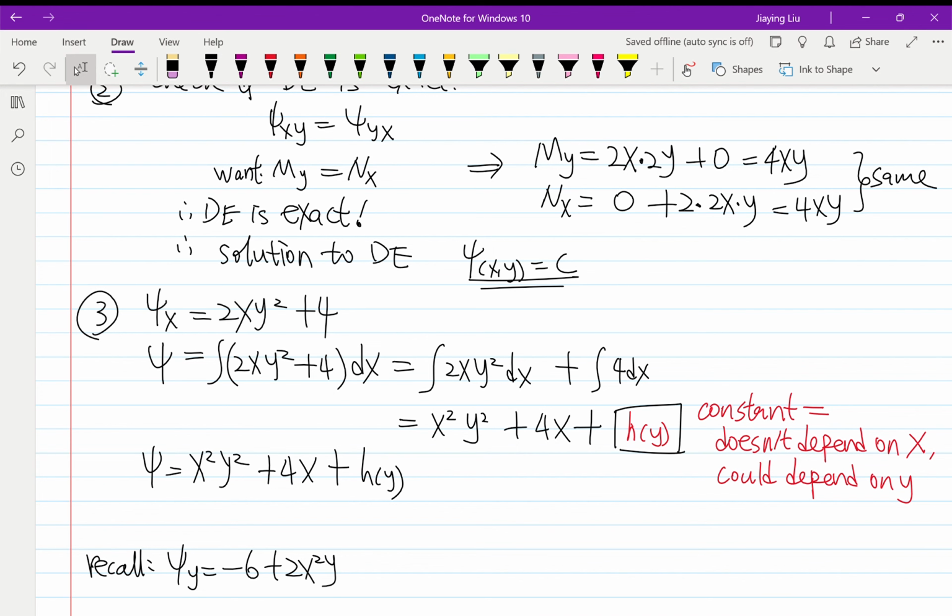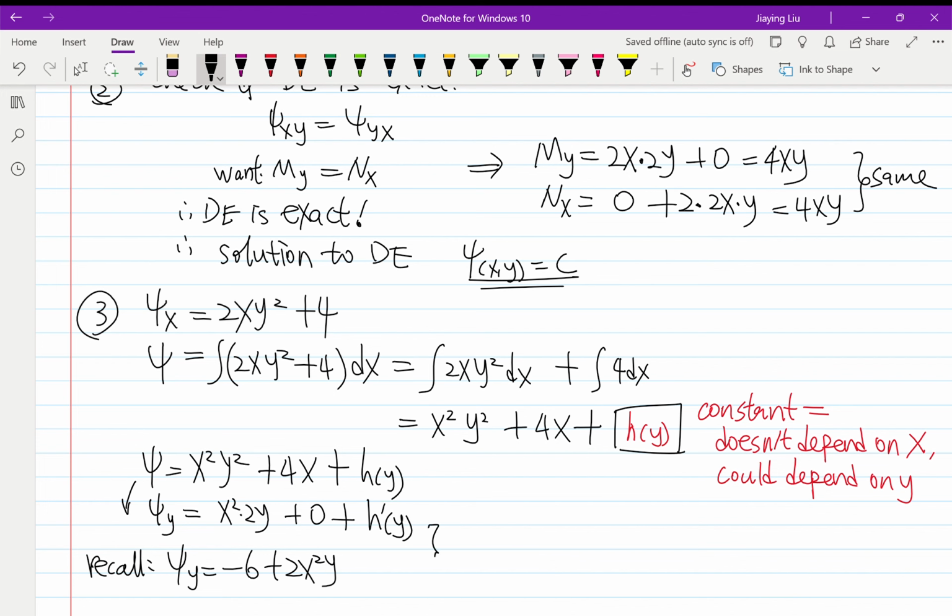So from here, I'm going to find psi of y equals x squared stays when I take the derivative with respect to y, times 2y, plus 4x gives me 0, plus the derivative of h of y with respect to y. When I take the derivative with respect to y, this becomes h prime.